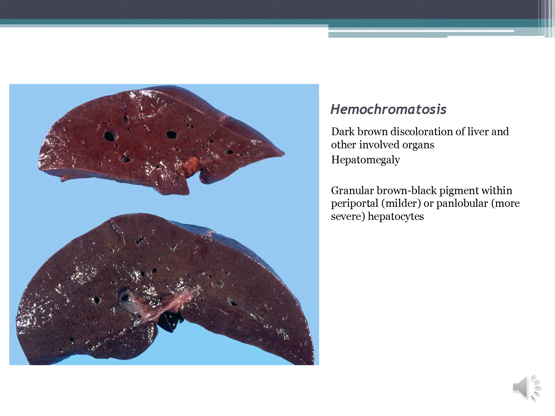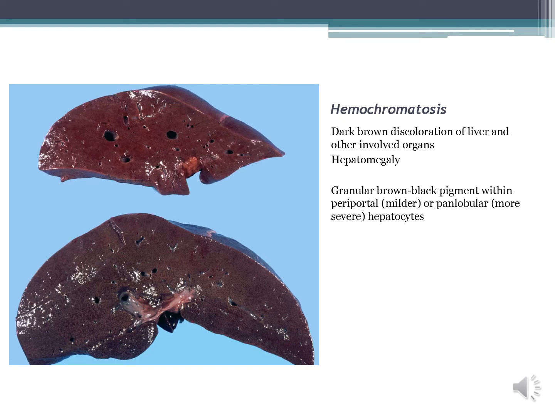Here we see examples of the gross specimen of the liver in case of hemochromatosis. We see dark brown discoloration of the liver. The same we see in the other organs because it is a diffuse process.